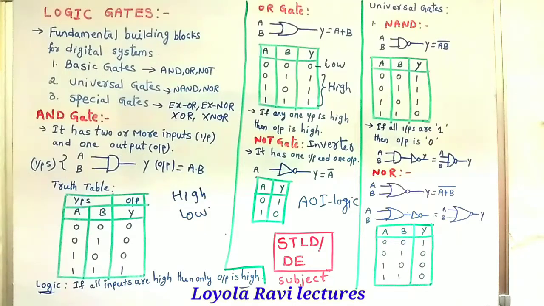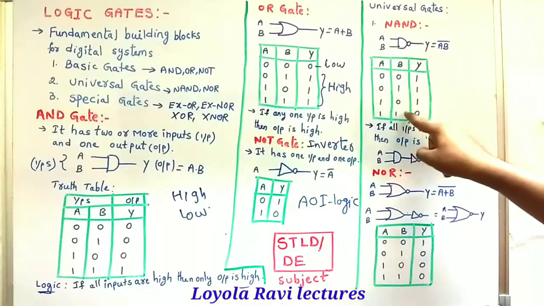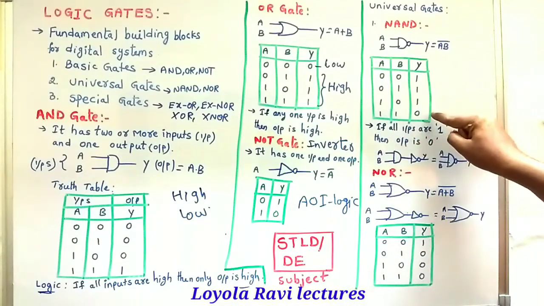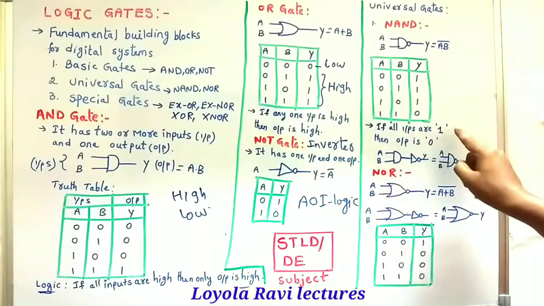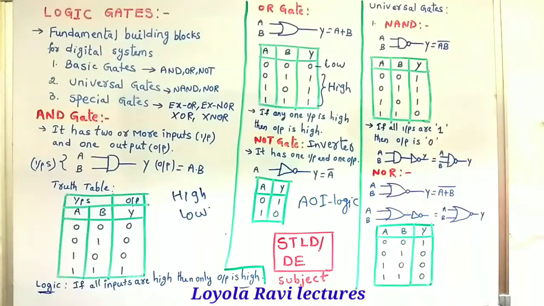And in the same manner, what is the high logic and what is the low logic? See here, if all inputs are high, output is low. If all inputs are high or 1, then output is 0. 0 means low, 1 means high.